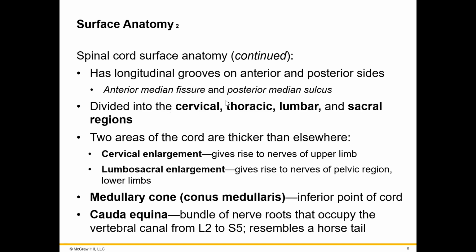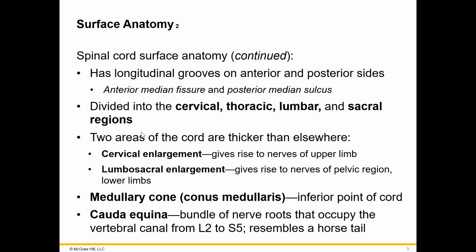These are the fissures and grooves on which your nerves are going to reside. The spinal cord is divided into an upper cervical region, followed by the thoracic region, then the lumbar region, and all the way to the bottom is your sacral region.